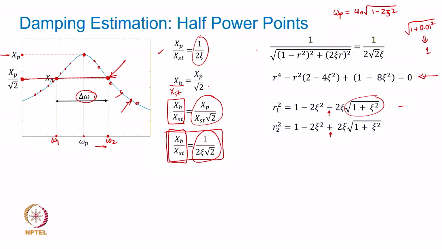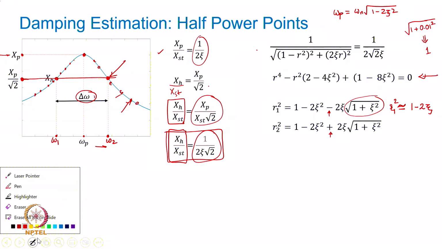So, it is perfectly valid for me to assume that this R1 square is approximately equal to 1 minus 2 zeta from the first expression. So, I am basically writing here as R1 square this expression which I have got here.